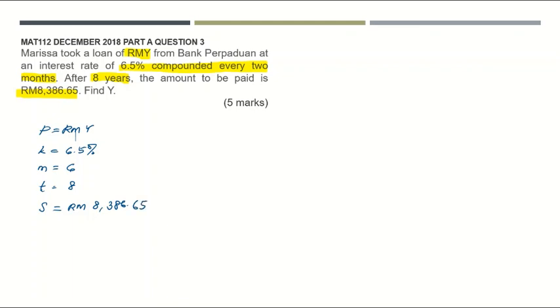From the information here, you know that the value of i, the interest per period, is equal to k over m, which is 0.065 divided by 6, while the value of n, the total number of interest periods, is m times t, which is 6 multiplied by 8, equal to 48.